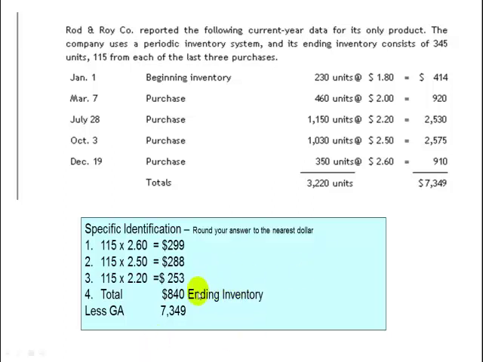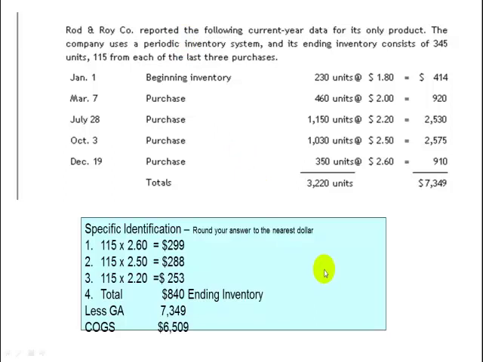Our goods available, the total dollar value of all these different inventory amounts, is 7349. If I take my goods available and subtract my ending inventory of 840, I get the cost of goods sold, which is 6509. And we're finished with the specific identification method under the periodic inventory system.